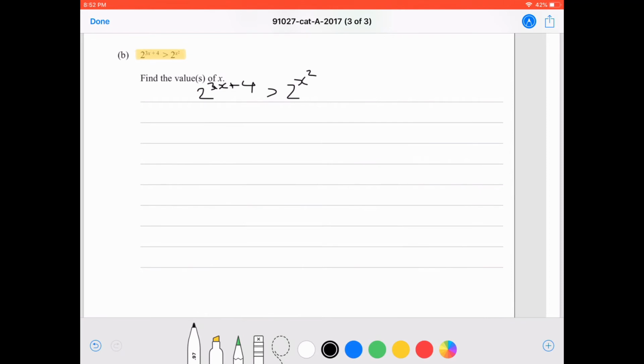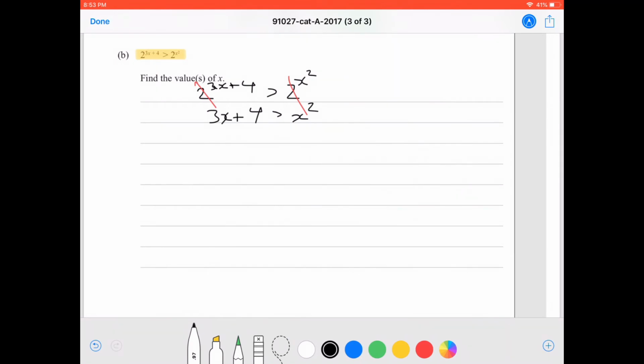We've got bases that don't equal each other, but they may as well do. We've got a greater than symbol in there. Still, we're going to cancel the bases and just work with our indices. So we can say, because the 2's are the same, 3x plus 4 must also be greater than x squared.